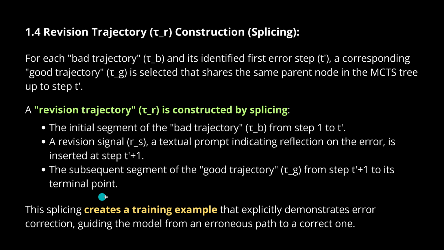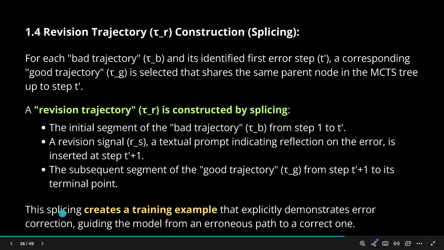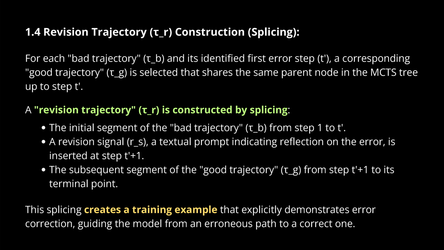And this splicing now creates here a training example that we are looking for, because it explicitly demonstrates here the error correction. So therefore it guides here our LLM from an erroneous path to the correct one. So the LLM clearly identifies here when things start to go wrong, and the LLM is not going in a loop.